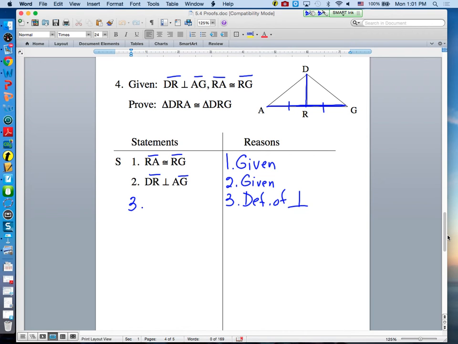Sorry. Okay, say the order again. Okay, so angle, I'm going to instead put 90 degrees, I'm going to put R right angles. Is that okay? Okay, so angle ARD is a right angle. How about GRD? So I guess I could do number 4. Angle GRD is a right angle. You could have put those together if you want to.